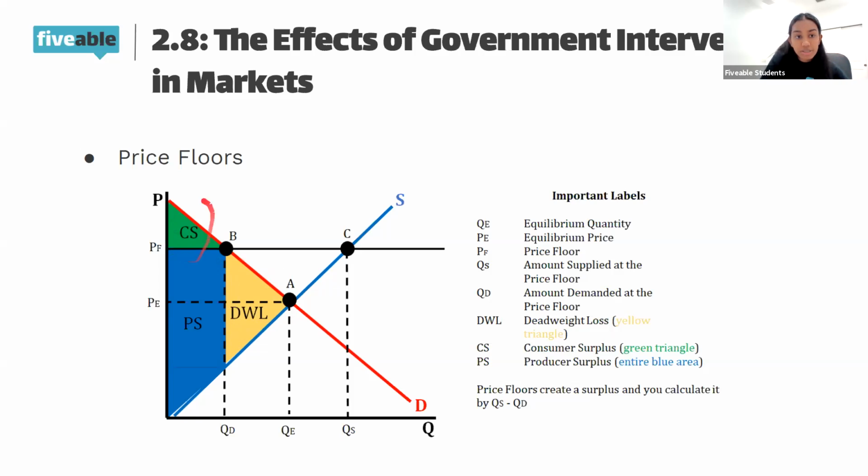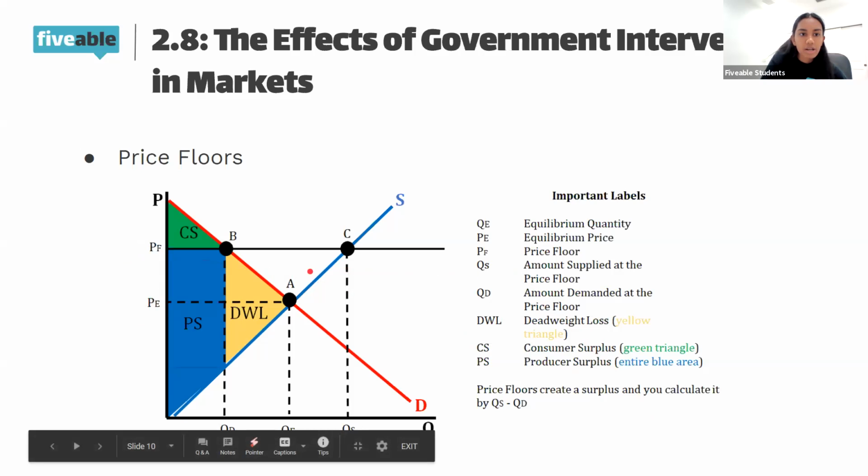The consumer surplus is this little triangle up here. It gets really small because consumers have to pay a much higher price now. So their consumer surplus is decreased, and producers are getting a higher price now. That expands their producer surplus from where the equilibrium price was to where the price floor is.